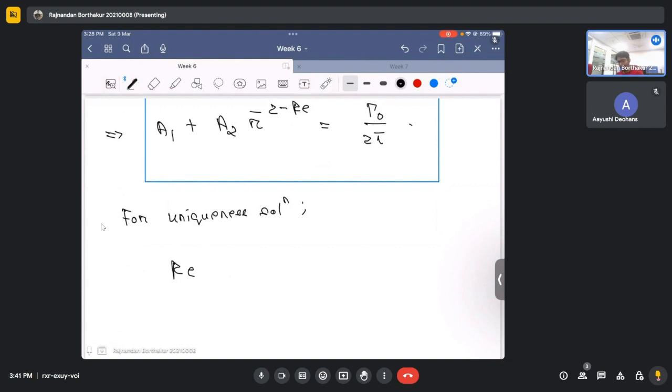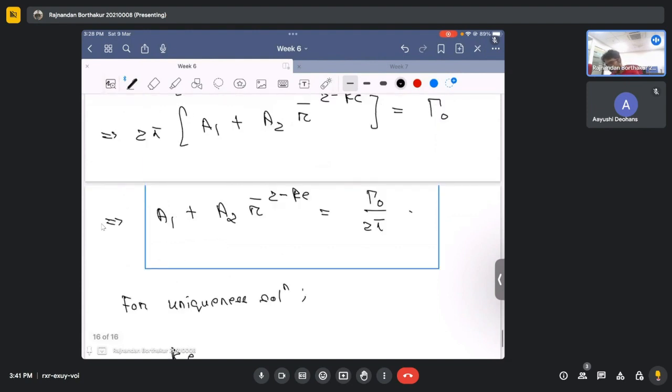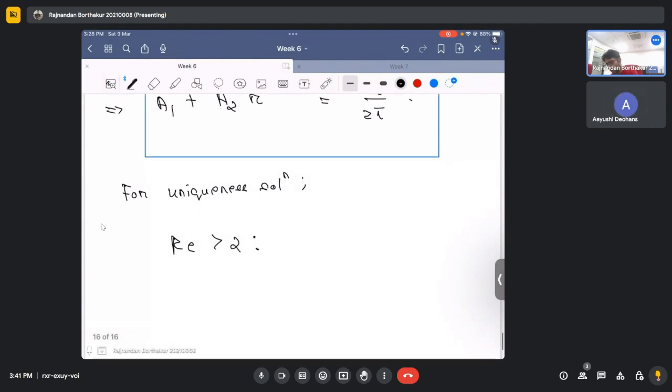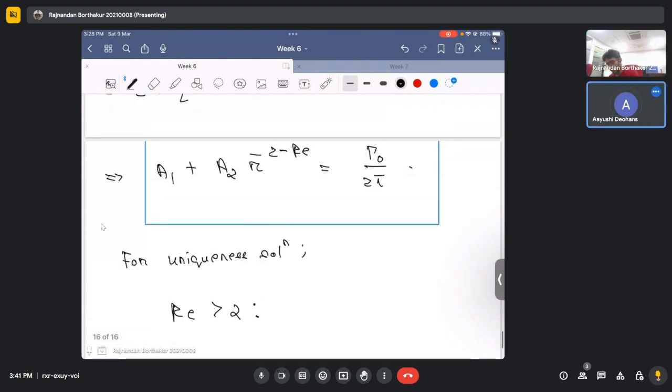Just see this equation. Re greater than 2? So Re greater than 2 will have a unique solution, is that what you're saying? A2 will be arbitrary and A1 will get uniquely.